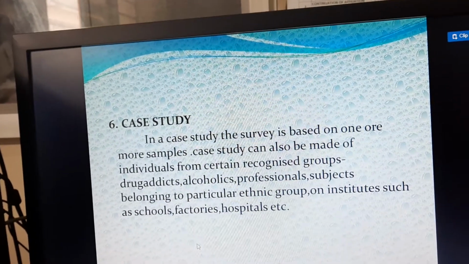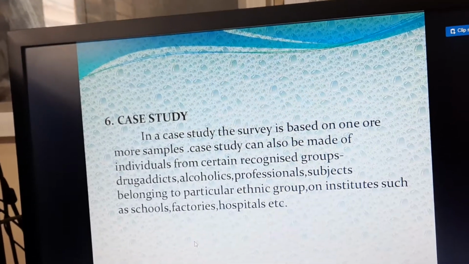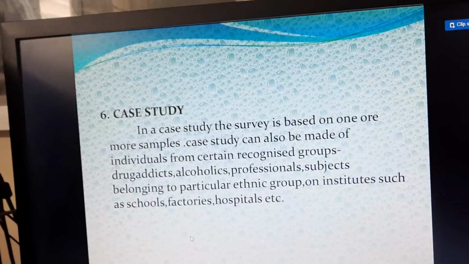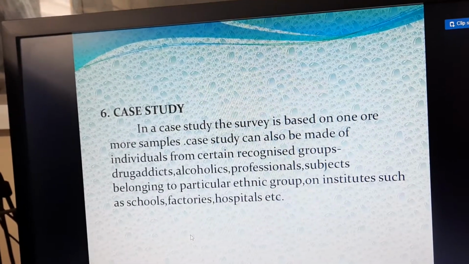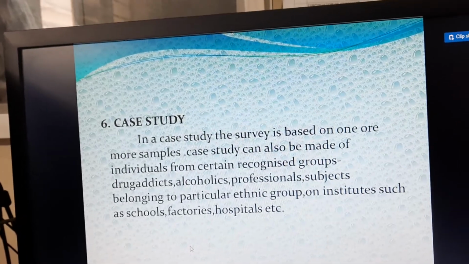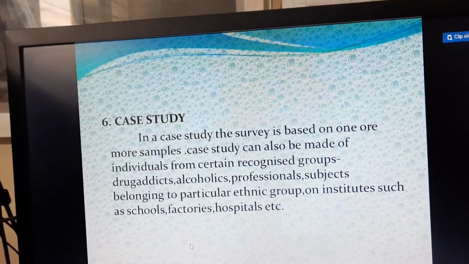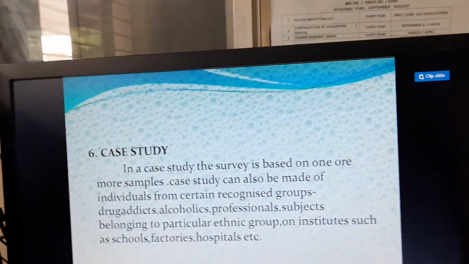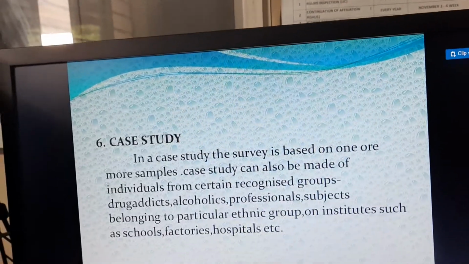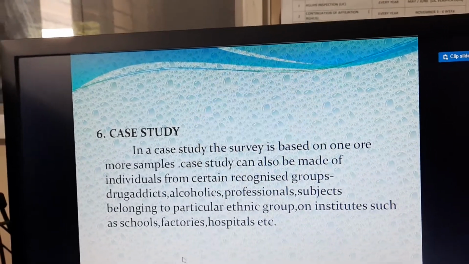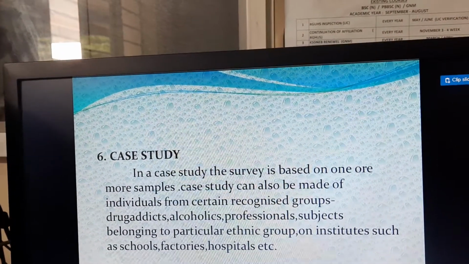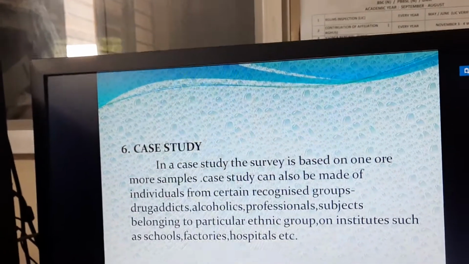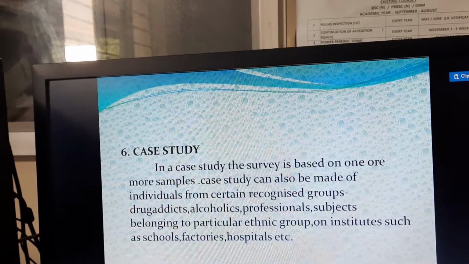A case study can also be made of individuals from certain recognized groups like drug addicts, alcoholics, professionals, subjects belonging to a particular ethnic group, or institutes such as schools, factories, hospitals, etc. For example, you give care for 3 days and take it as a case study, and you assess what medical conditions you see when you are giving care. These are the things we take as a case study.